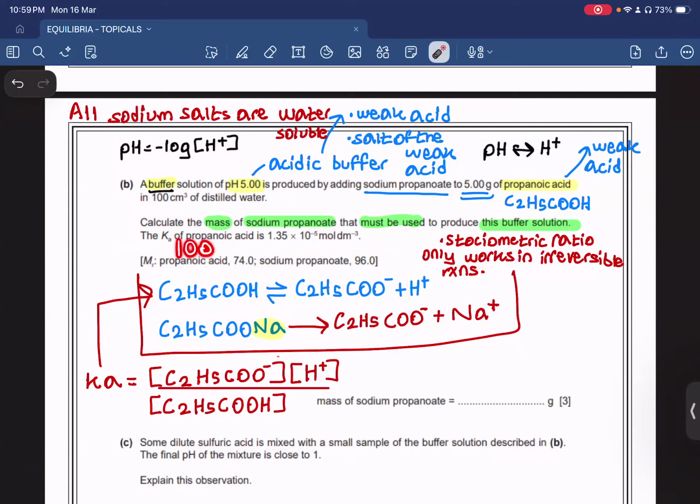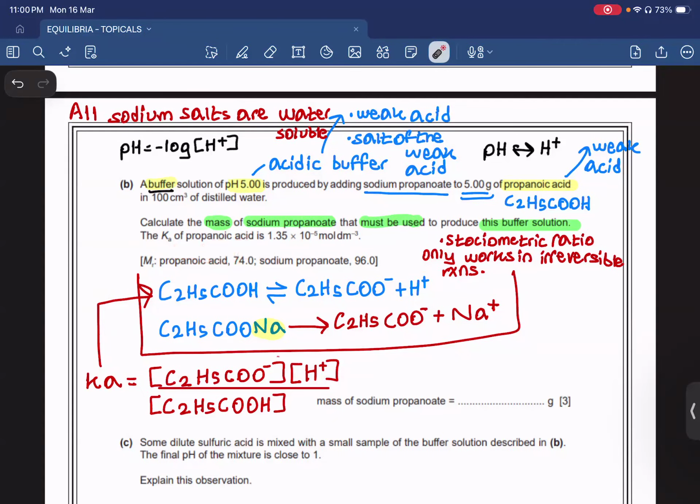Was this change in the number of molecules which dissociated big enough that you can record it? No, right? It's just 4 out of 100. That's like 4% of total molecules. This is not a big change at all. This is called a negligible change in concentration.